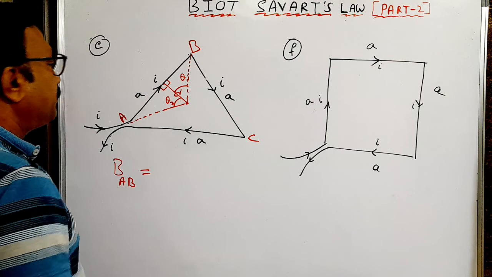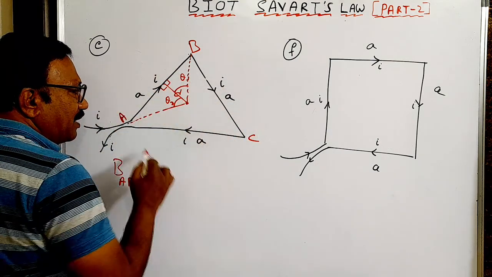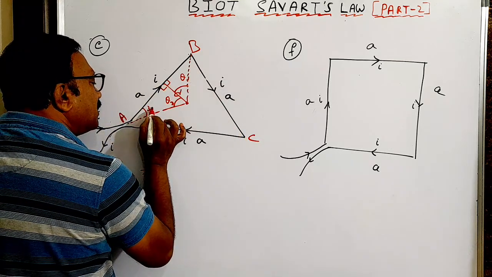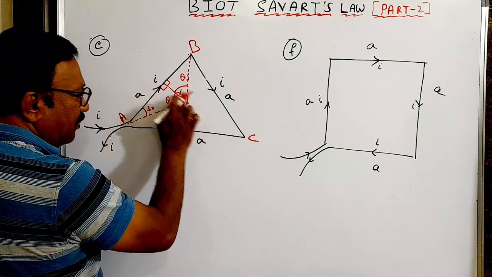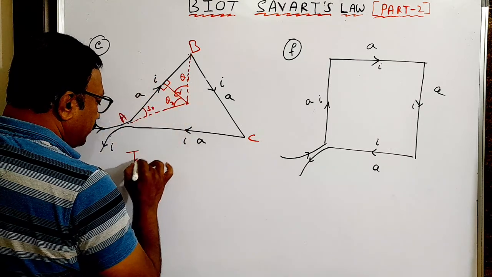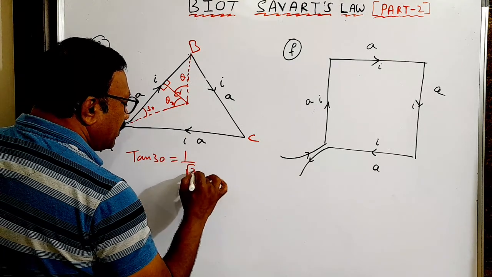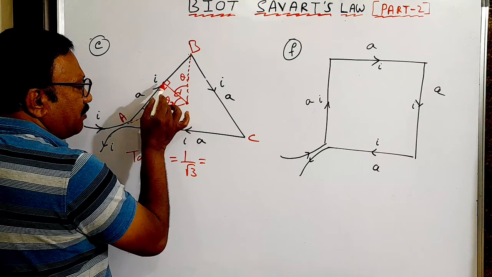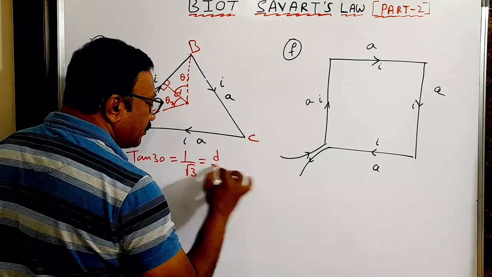Let me find now. In order to find this perpendicular distance, this is an equilateral triangle now. This is 60, 60 and 60, and this is a bisector. This will be 30. So I will take tan 30 now from this triangle. How much is tan 30? 1 by root 3. Tan 30 is nothing but opposite side by adjacent side. Opposite side is d.